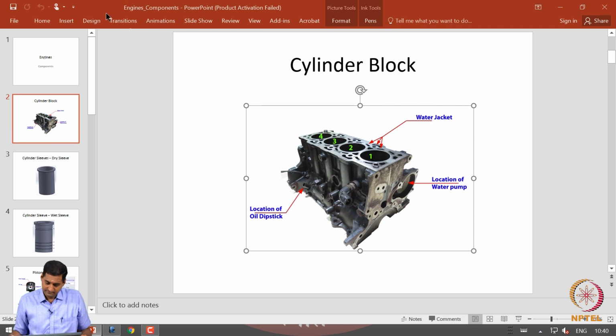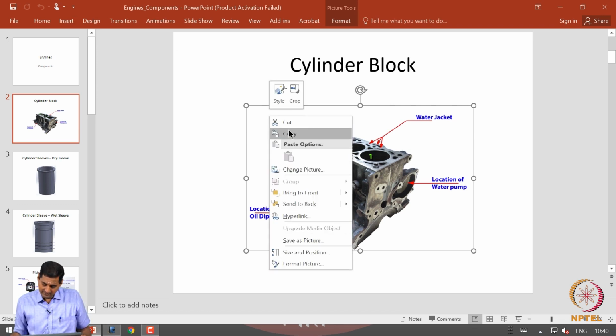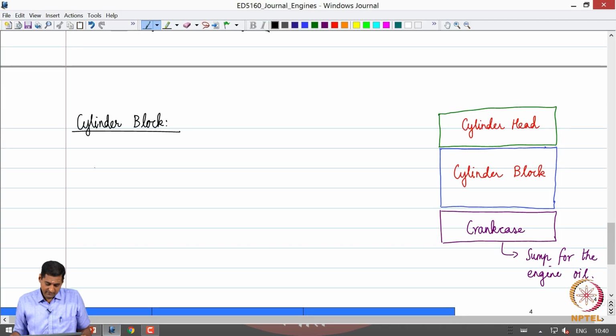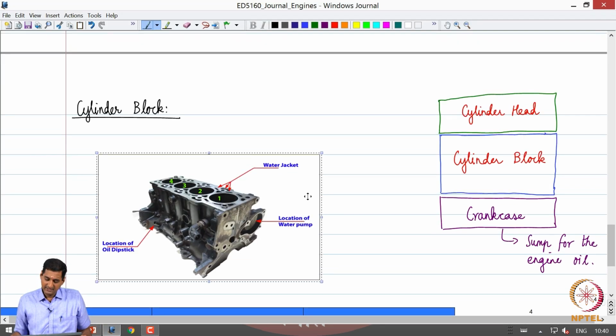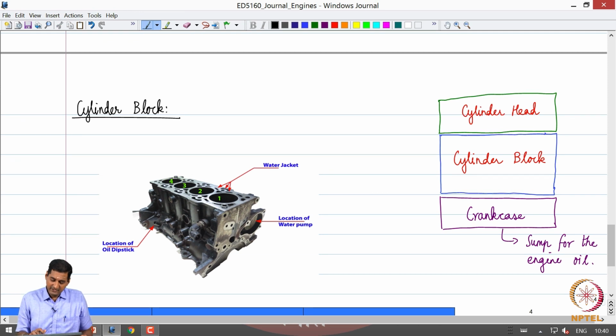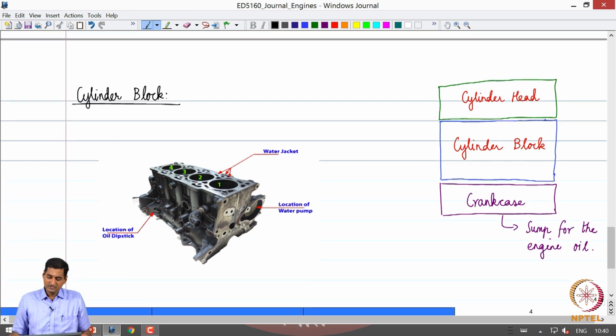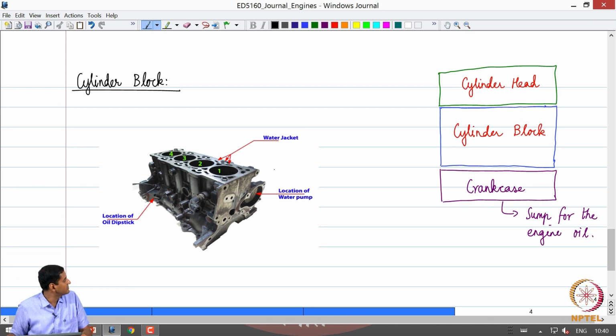Let me include this. So, this is a typical cylinder block. As we can see, I hope it is visible, this is a core mechanical structure which supports the engine's reciprocating components, and it also needs to provide a lot of structural strength because combustion happens in these cylinders.